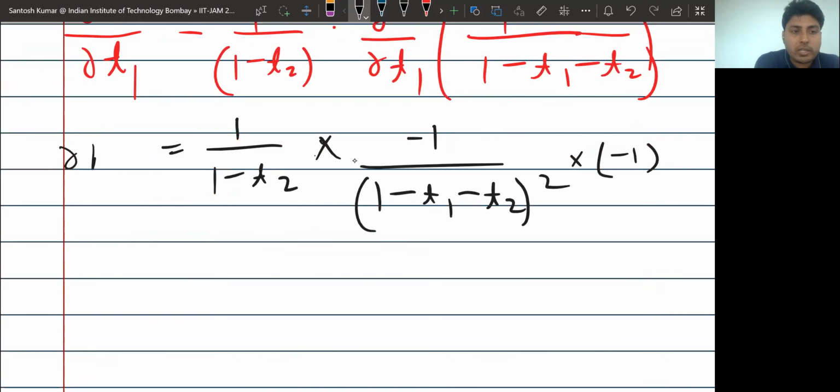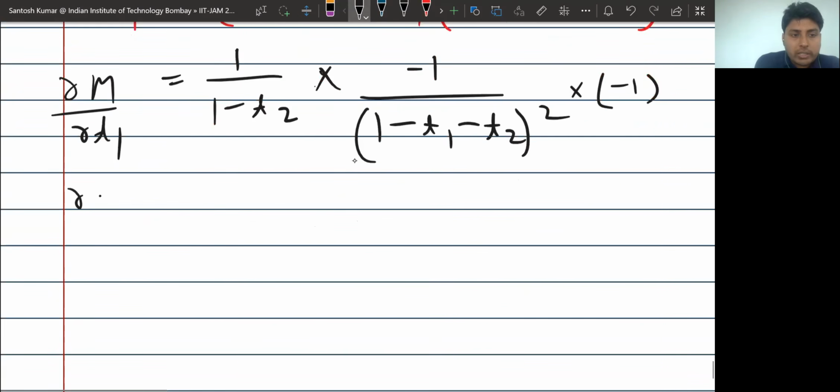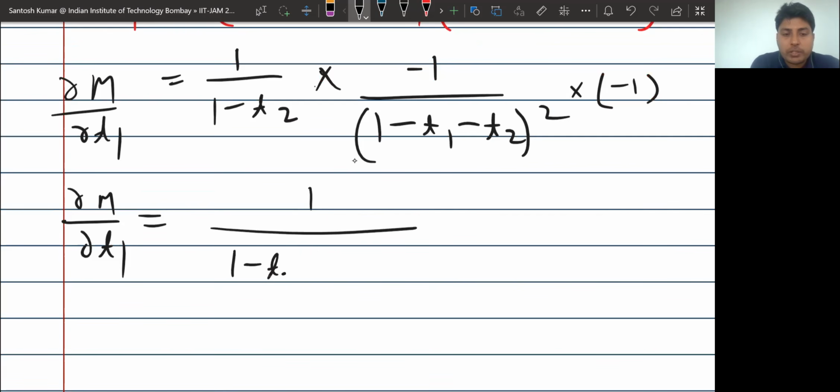So del M upon del T1 is this: 1 upon 1 minus T2 into 1 upon 1 minus T1 minus T2 whole square.